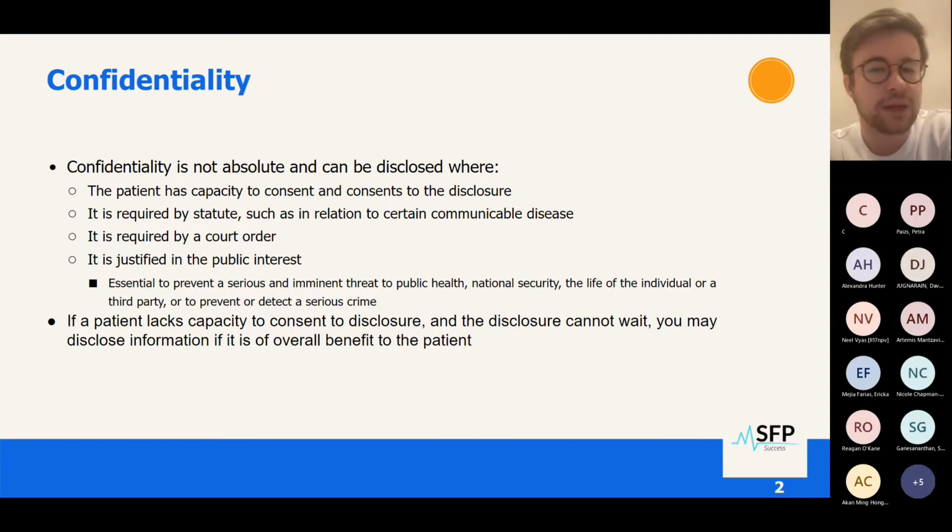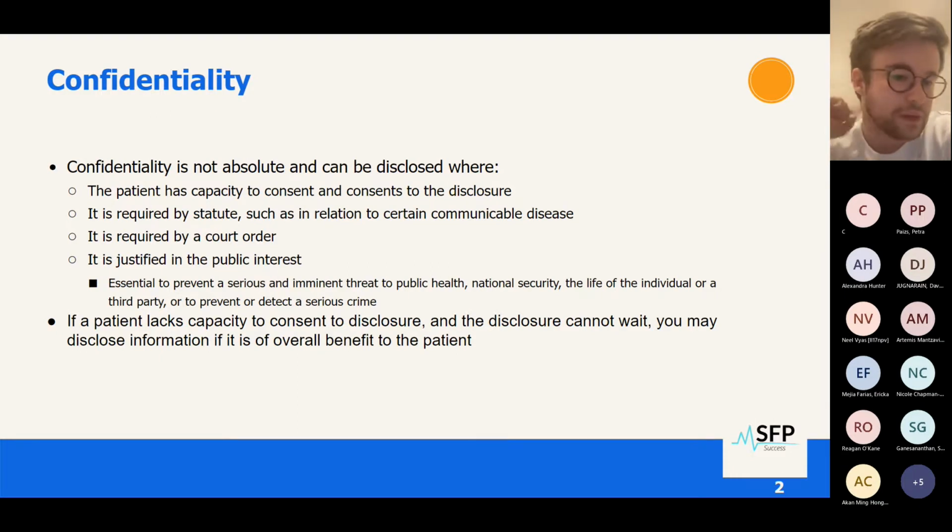So it's important to weigh up, say, if a certain family member or friend of a patient is asking for information specifically about a patient, the first thing you need to try and do is get consent from the patient. If you're not able to do that, you need to weigh up whether giving this information is beneficial to the patient as to whether you disclose that information or not.